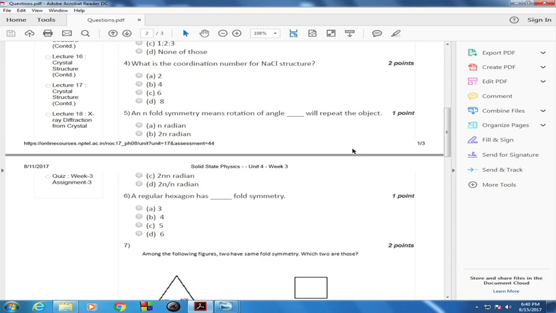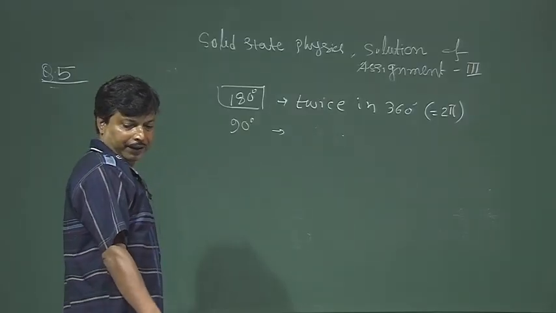Okay. Let me change the question number, otherwise there may be confusion. Similarly, if after 90 degree rotation it appears identical, I mean 4 times in 360 degree, then it is called four-fold symmetry. So, this way n-fold symmetry means the rotation of the angle 2 pi by n radian will repeat.